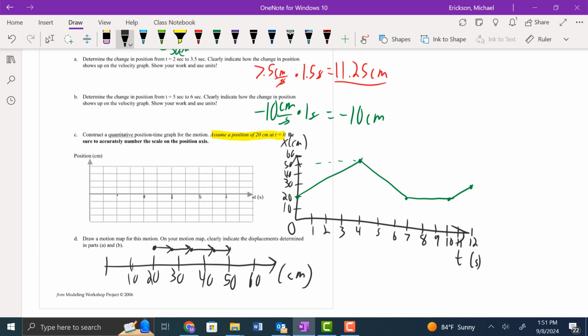And then I will stop for, no, sorry, I'll go backwards at 10. I'll stop for 3 seconds. And then I'll go forward by 5 centimeters per second. I start here, I end there.